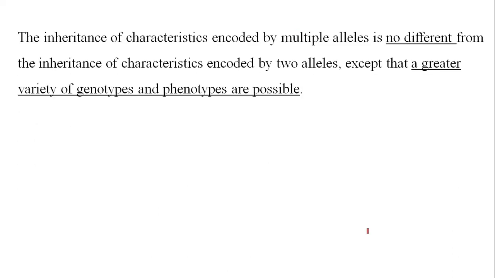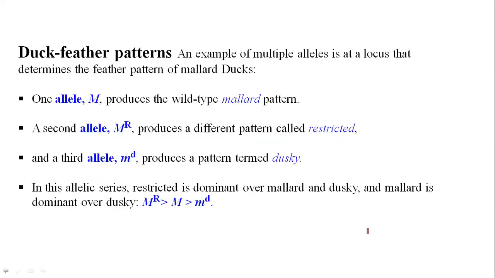One of the examples is duck feather. Duck feather has three alleles, more than two. One of them is allele M, which is mallard. Another one is allele MR, which is restricted.